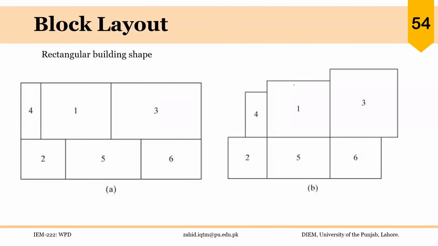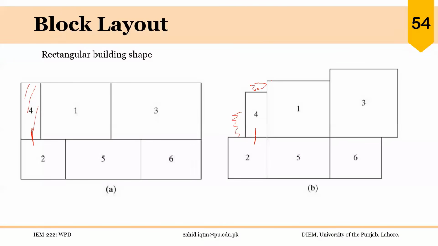So this is the block layout. You could see that for certain departments, instead of a square shape, we have a rectangular shape. We could also slightly adjust the position of the departments. So instead of this orientation of departments 4 and 2, we could have this one. We could leave some space over here and some space over here.